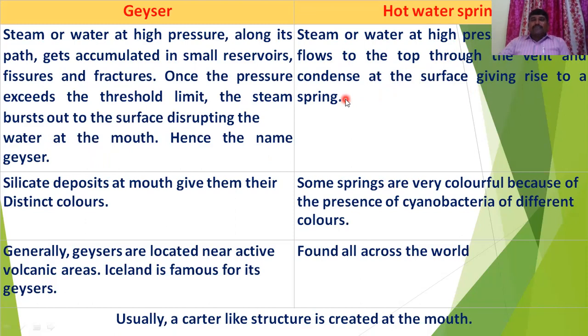In geysers, silicate deposits at the mouth give them their distinct colors, whereas some hot springs are very colorful because of the presence of cyanobacteria of different colors. In general, geysers are located near active volcanoes or volcanic areas. Iceland is famous for its geysers.